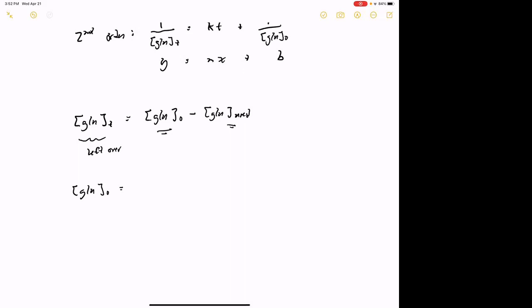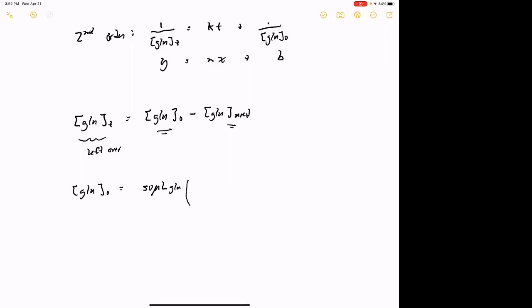So let's think about it. The procedure said to take 50 microliters of glucose. Now, we recognize that that was parts per million.